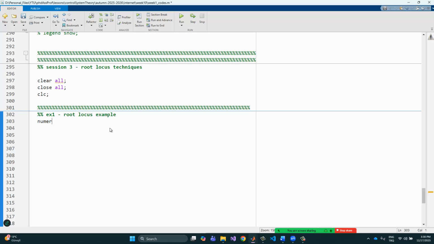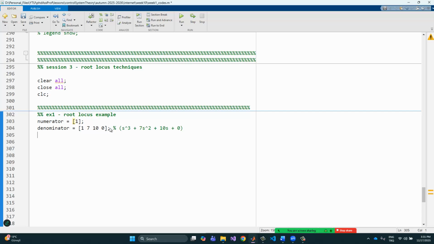First of all, we can create the numerator in here, just like this one, 1, and denominator equals 1, 7, 10, and 0. These are the coefficients of the characteristic equation, which equals s^3 + 7s^2 + 10s + 0.